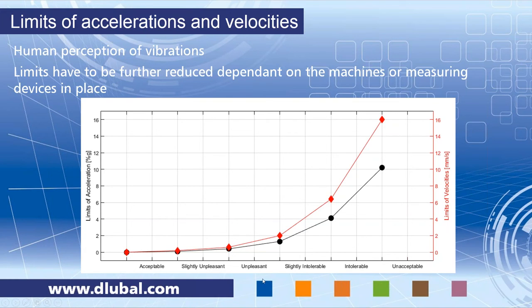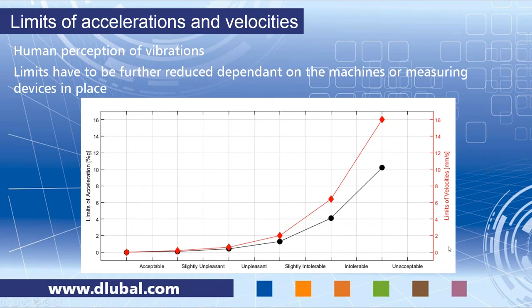Still okay is unpleasant. So this shouldn't be exceeded, at least when we look at the mean values. And so we have 1.3% of g. So approximately 130 millimeters per square second would be okay as a limit of acceleration.